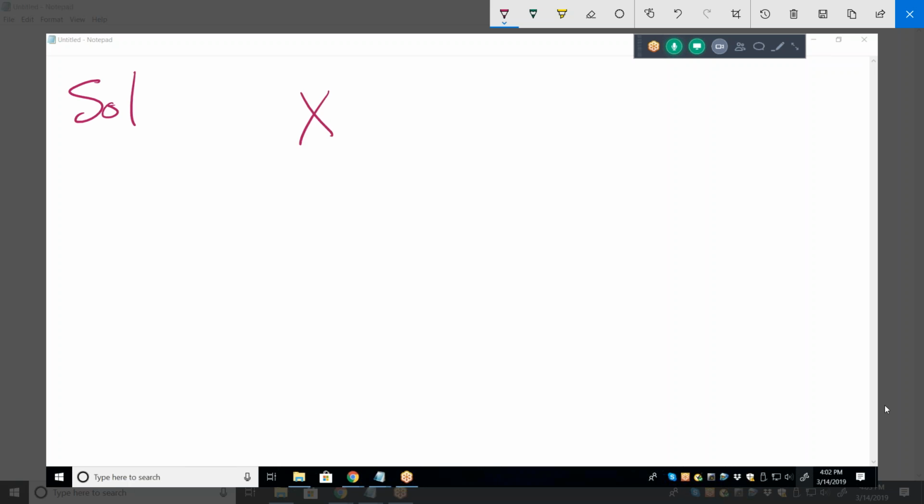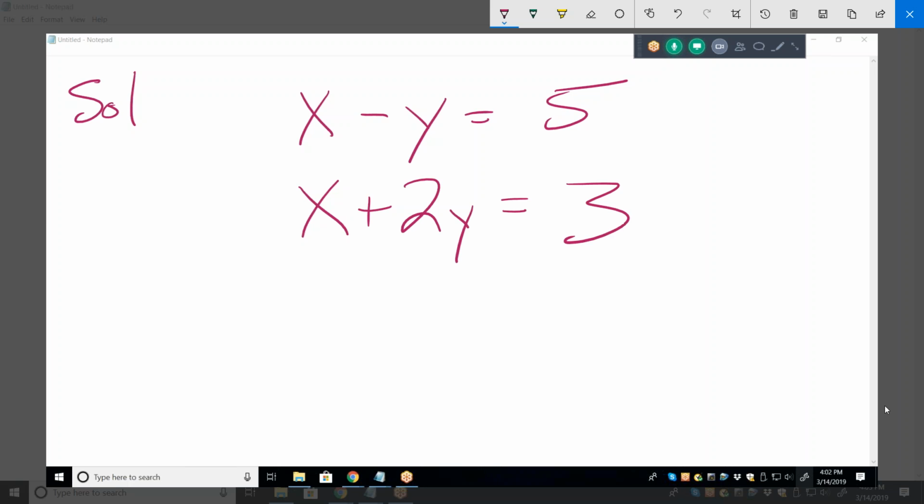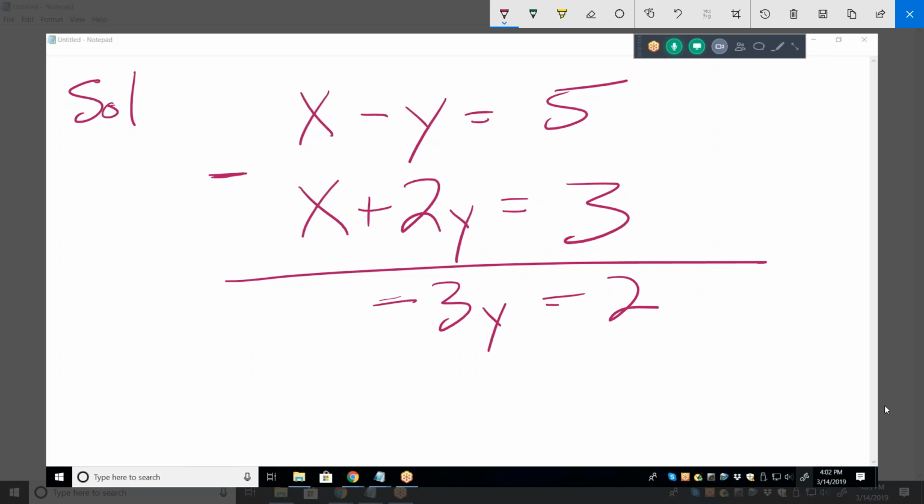If I had x minus y equals 5, and I have x plus 2y equals 3, well, I can solve. When I solve, I'm going to subtract the 2 equations, so the x's go away. And then I have minus y minus 2y, so I have minus 3y equals 2.